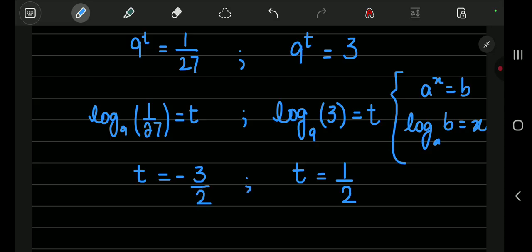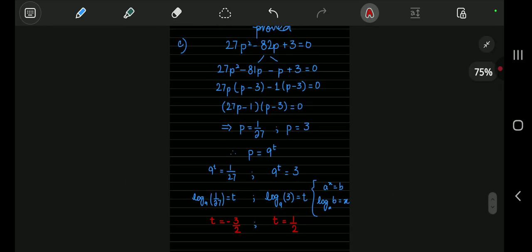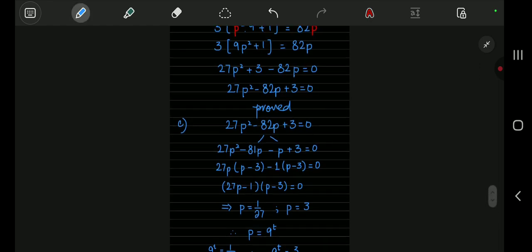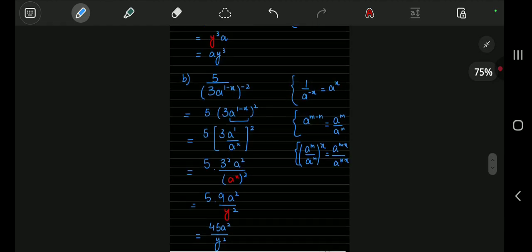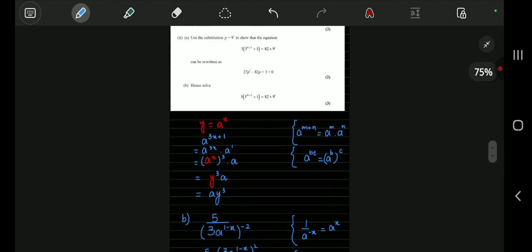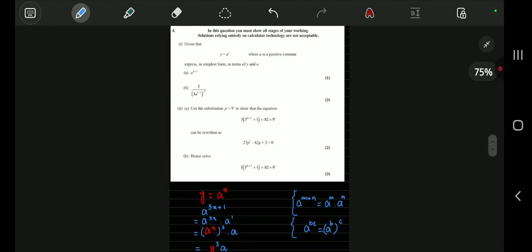So this is how it gets solved. Okay, this is all about part C. This is your part B, and this is your part A. I hope you get this question.